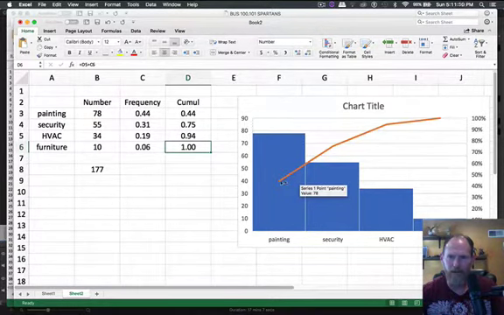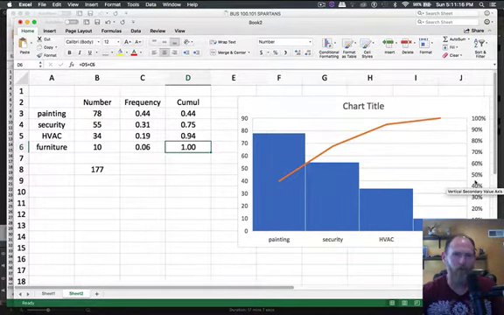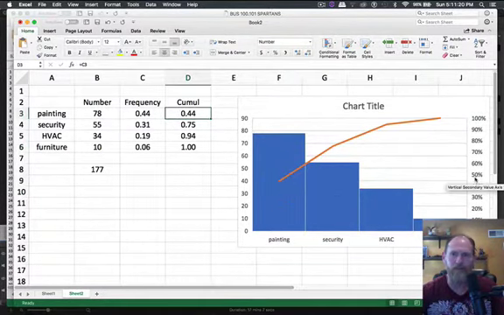And if we were to trace it over, it intersects this axis here at about 44%. So painting, that 44 matches over here. Now again, when I created this table, I didn't have to have this column. I can create this table based on these three columns, and I think even these two.